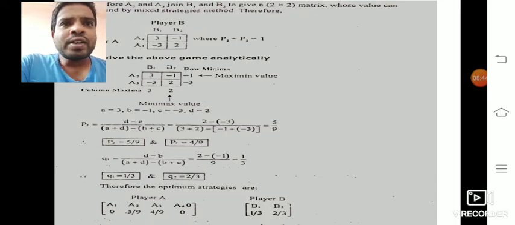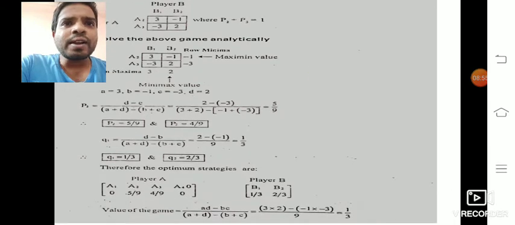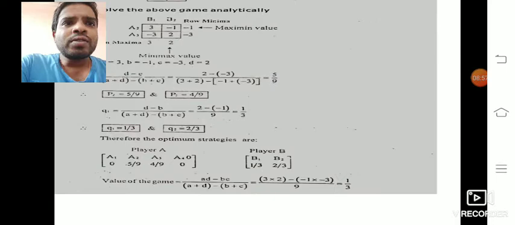Okay, here for A2 the probability is P2, and for A3 the probability is P3. Okay, like that we can apply the formula. Now we are getting the values: P2 is 5 by 9, P3 is 4 by 9, Q1 is 1 by 3, Q2 is 2 by 3.